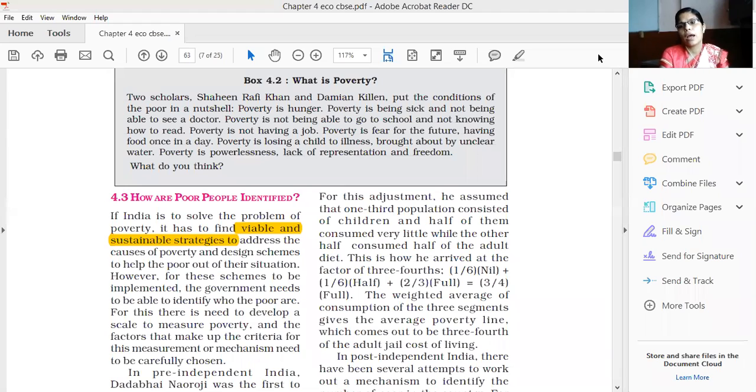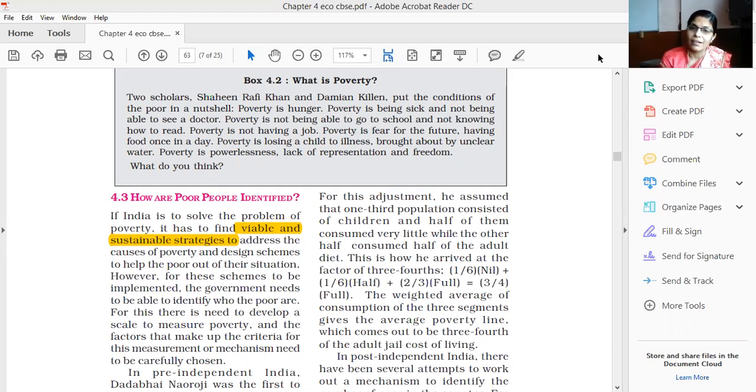Or a person who has not proper adjustment with society, that is poor. A person who has not sufficient facilities, not having proper or pure drinking water, or a person who has not any type of power for living, that person is poor.